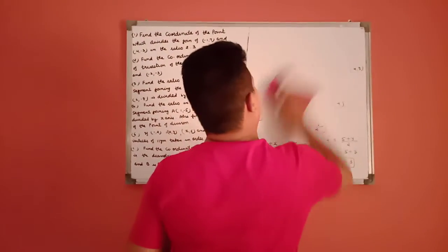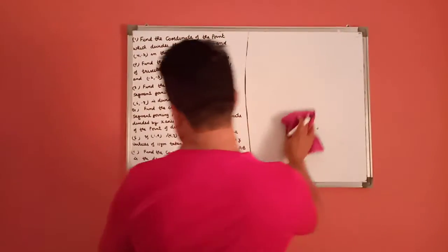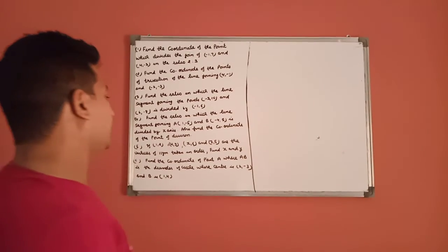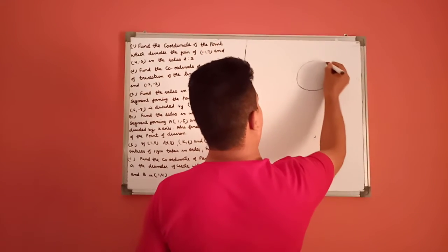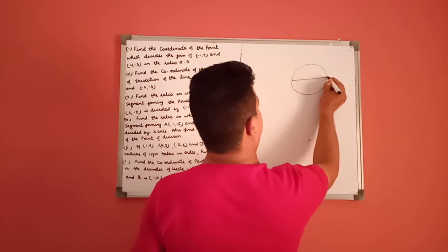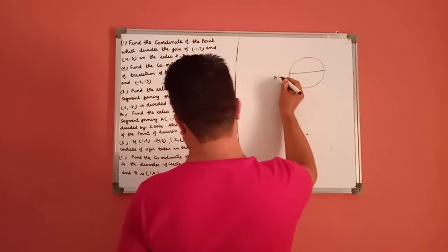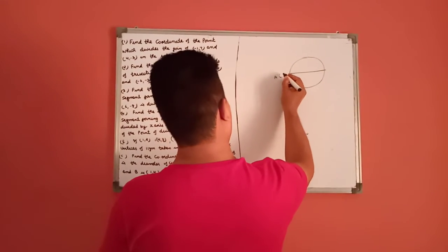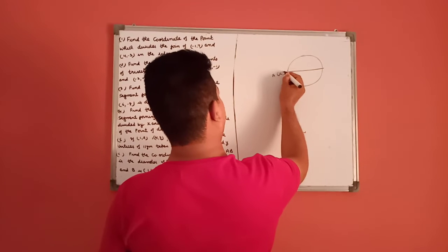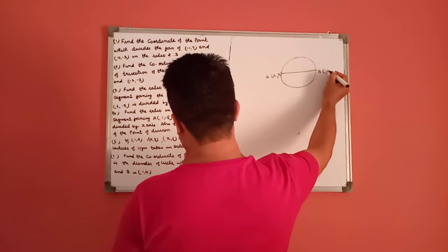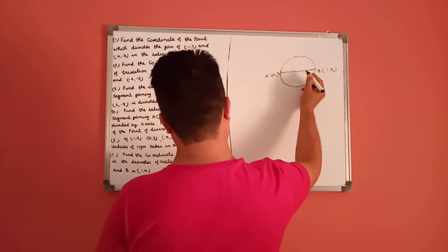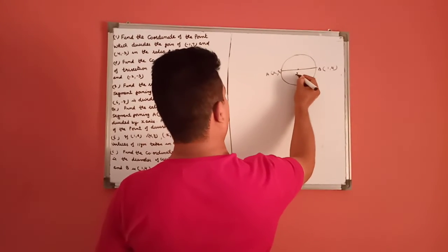In question number 6, the statement is to find the coordinates of point A where AB is the diameter of a circle. This is a circle, this is the diameter, and we are required to find A (x1, y1). Point B is (1, 4) and the center is (2, 3).